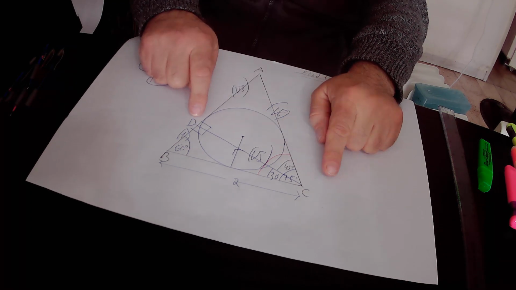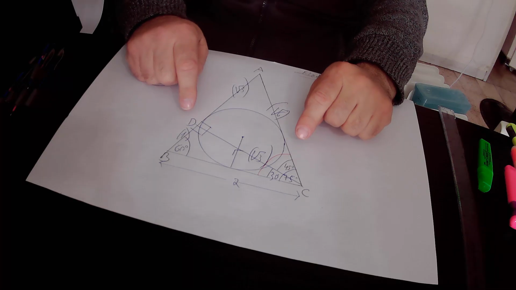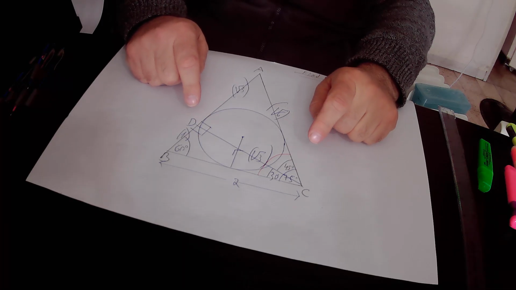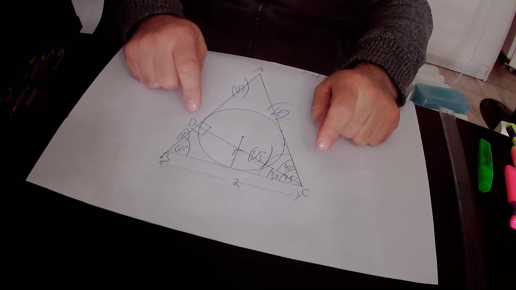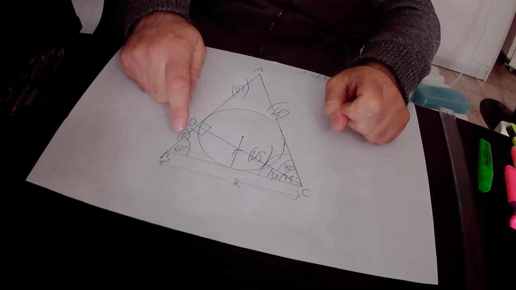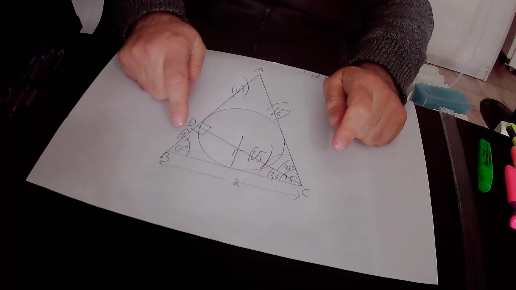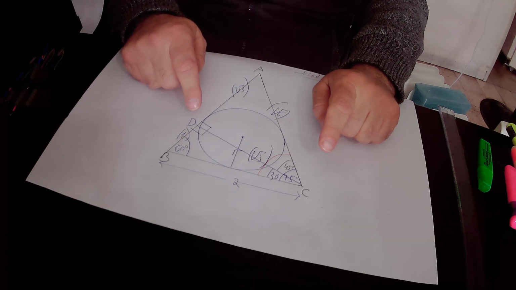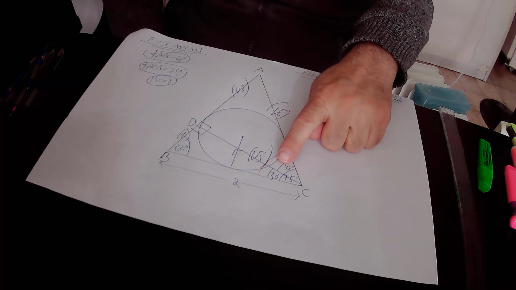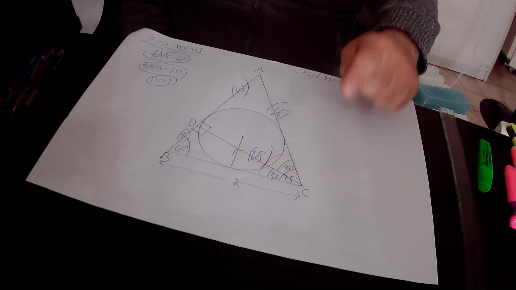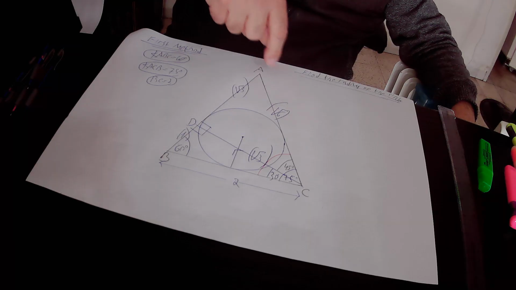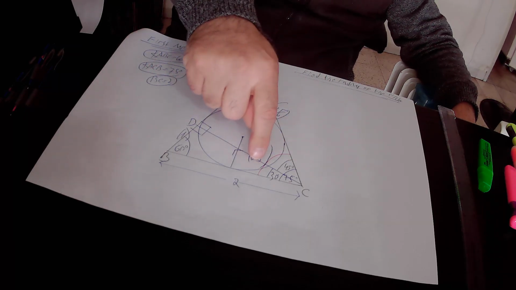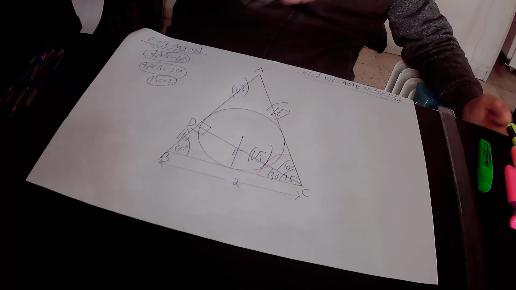We continue to focus on this right triangle DBC. The sum of the angles must be equal to 180 degrees. We have this angle that is 90 degrees plus this angle that is 60 degrees, which is 150 degrees. So the missing angle here must be equal to 30 degrees. It is given in the question that the big angle ACB equals 75 degrees.